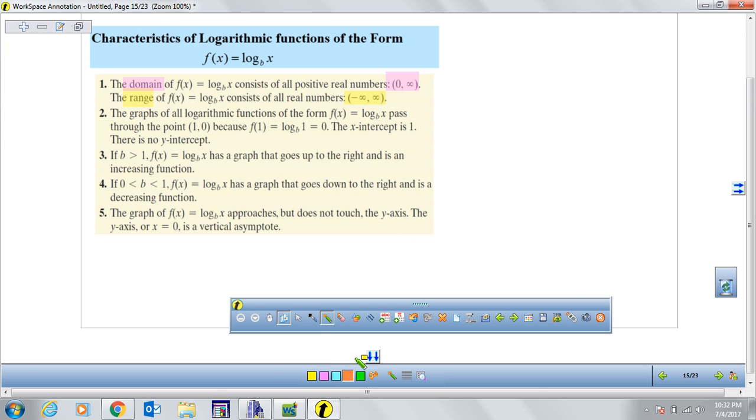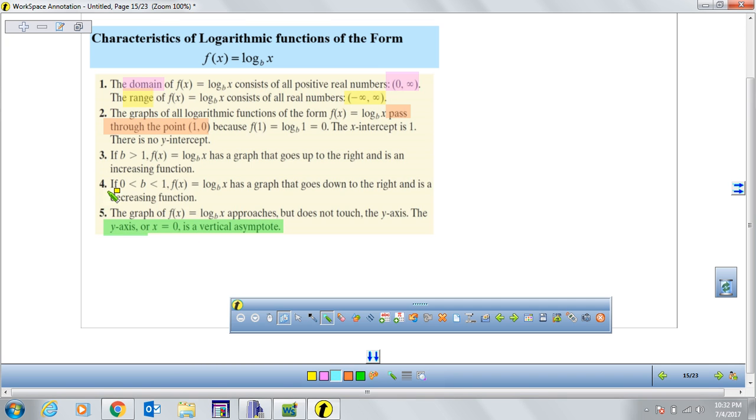Now, I also mentioned that the graphs of the exponential functions of the form b to the x power pass through the point (0, 1). The logarithmic function, since it is the inverse, passes through the point (1, 0). That's the inverse point. And the exponential functions have a horizontal asymptote at y equals 0, while the logarithmic function has a vertical asymptote at x equals 0, which is the same thing as the y-axis.